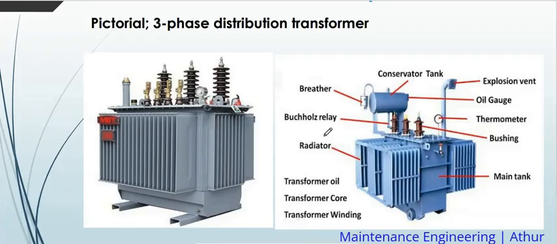It has different parts as you see them here, but I'm very much interested in a few that I'm going to talk about, because if you don't understand this, then there is no way you will understand maintenance of electrical distribution, because most of the maintenance happens on this transformer you see.